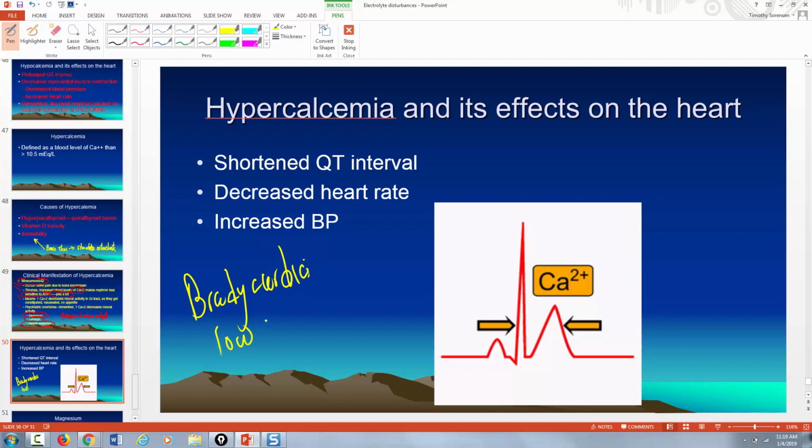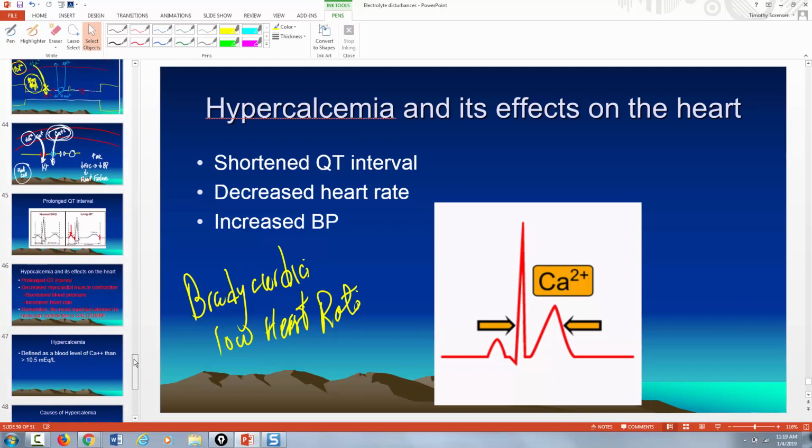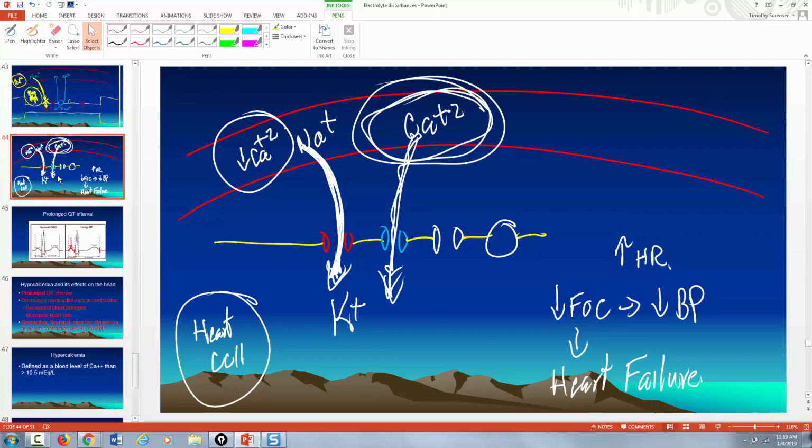So low heart rate. And again, what's the most important element in muscular contraction? It's calcium. Where does the heart get its calcium from to contract? Well, let's review.